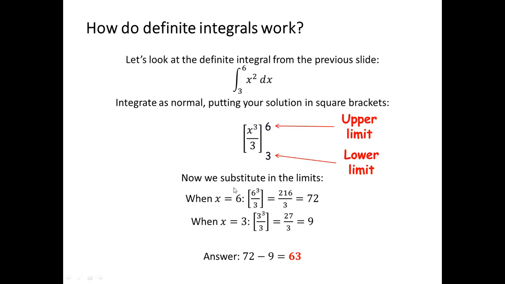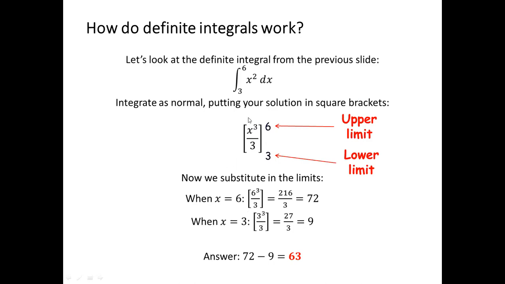So if you're going to process it using the upper limit 6, your x cubed will be 6 raised to 3 over 3, having a value of 72. Now, if your x is 3, the lower limit, that would be 3 raised to 3, which is 27 over 3. That will give you a 9.